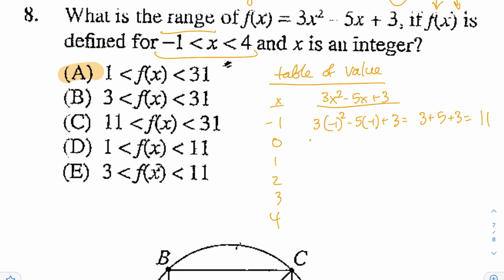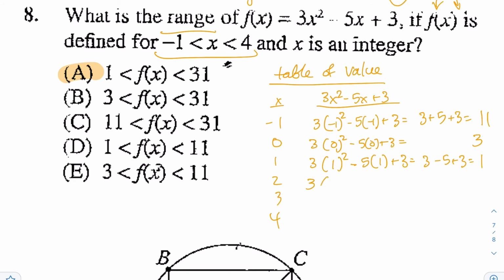You substitute in 0, that's 3. 0 squared minus 5 times 0 plus 3 is just equal to 3. And then for 1, that's 3 times 1 squared minus 5 times 1 plus 3, which is 3 minus 5 plus 3, which is 1. So notice that it's decreasing.